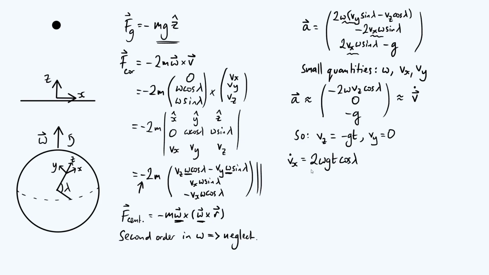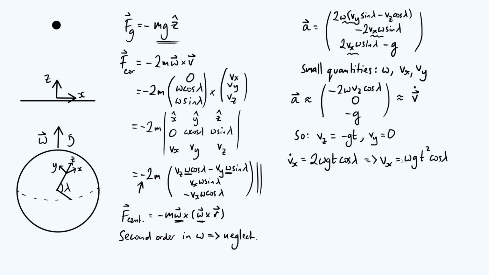And so fortunately, this is also pretty easy to integrate with respect to time. We just use the power rule, right? Increase the power of t by 1 and divide by 2. And so we find that Vx is equal to omega gt squared cos lambda. And again, the constant of integration is 0 because we've dropped it from rest.